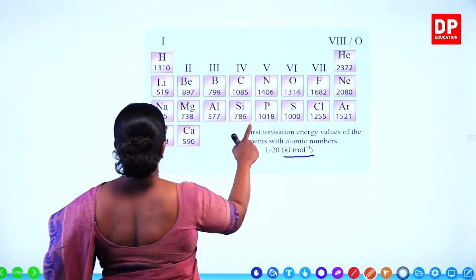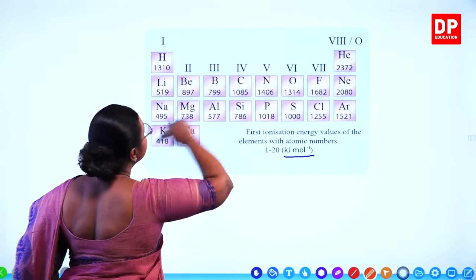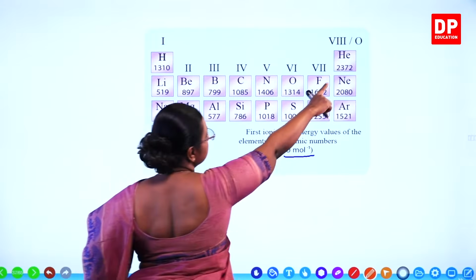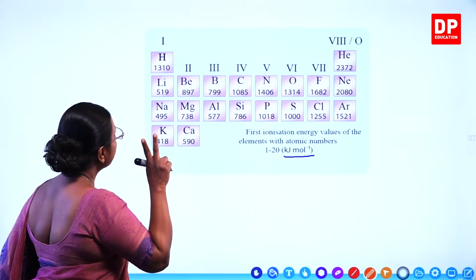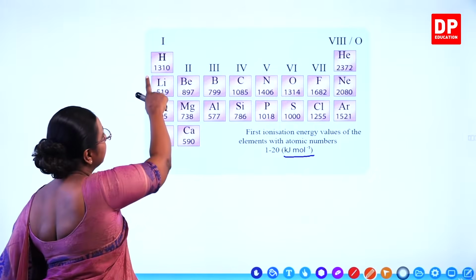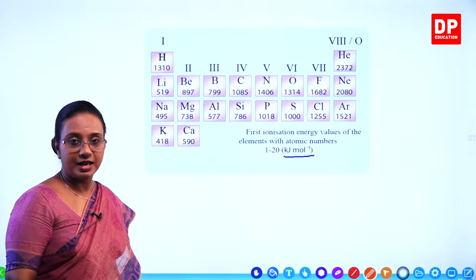And you can see in the first period, hydrogen and helium. Hydrogen 1310, this is 2372. Since there are only 2 elements, you can see helium is higher than hydrogen for first ionization energy.